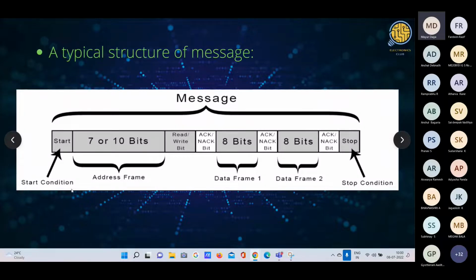There is a start condition which initializes the communication, then the address frame, which is the process of addressing I was telling you about before, and the read or write bit, which I will be discussing. Then there is the acknowledgement or not acknowledgement bit, and the data bit. It can share only 1 byte of data at a time, not more than that. And finally the stop condition, to stop the transmission of data between the master and slave.